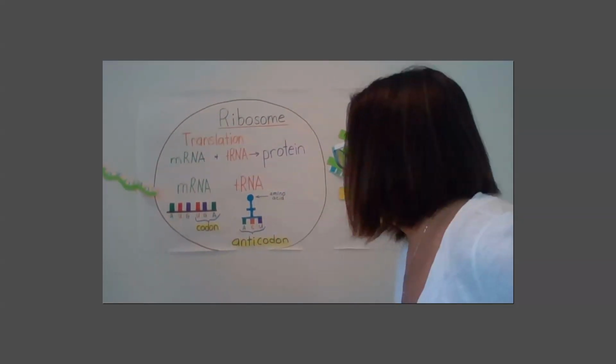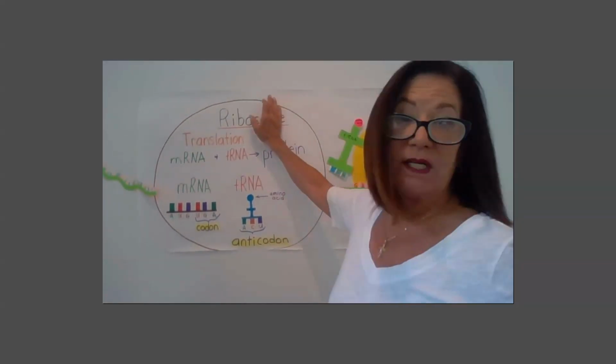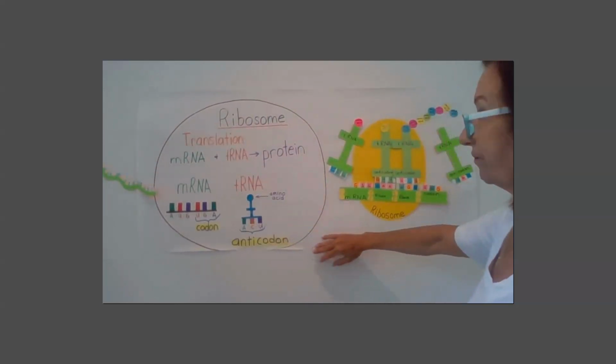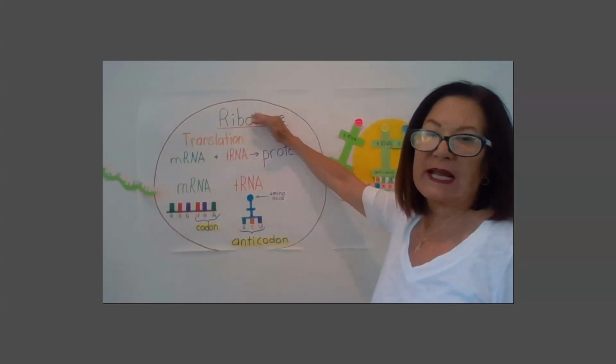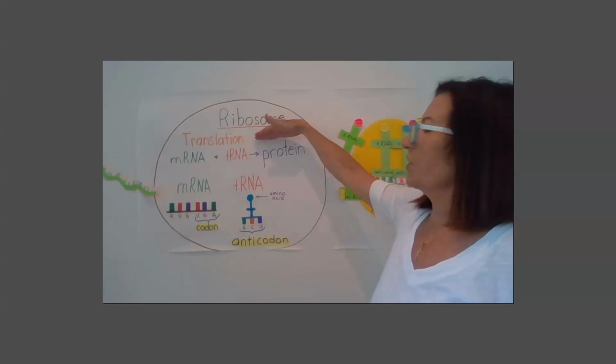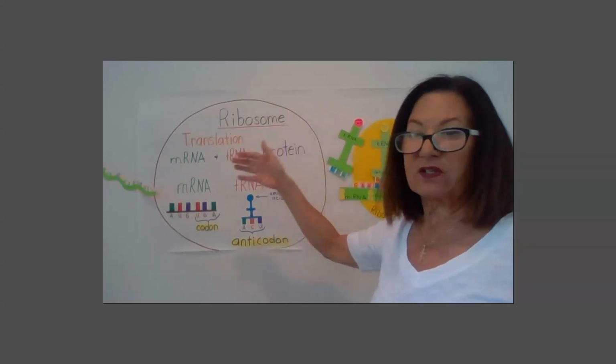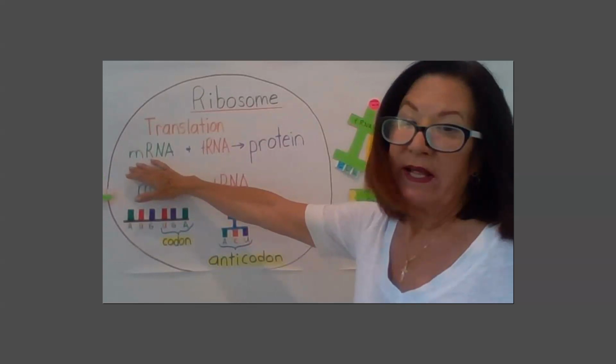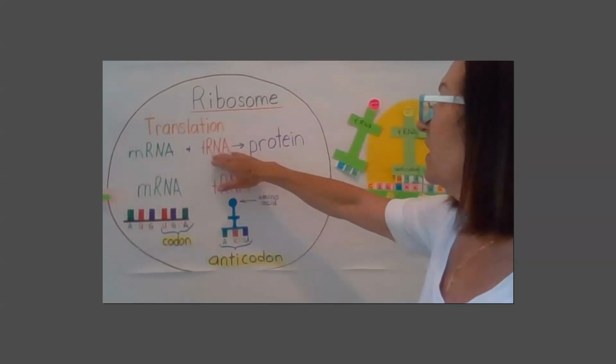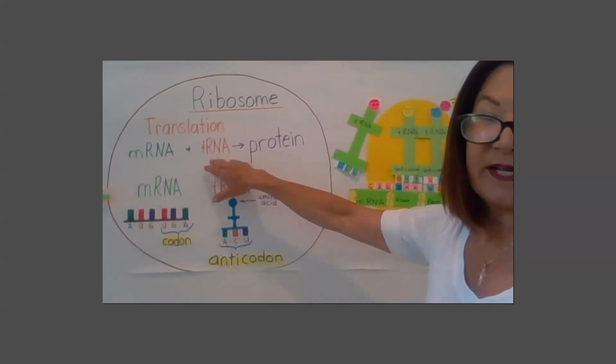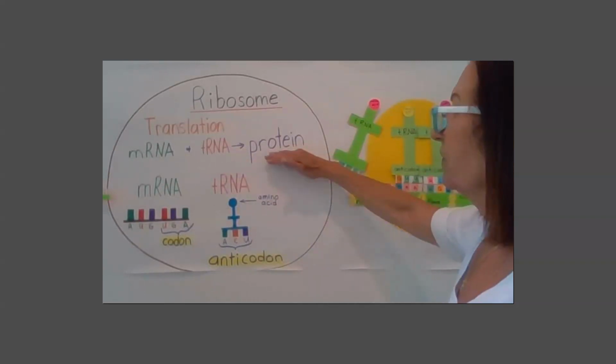Behind me, this is going to be my ribosome. In my ribosome, what's going to happen is translation. What translation is basically doing is we're getting our mRNA and it's matching up with our tRNA, and from that we're getting that protein.